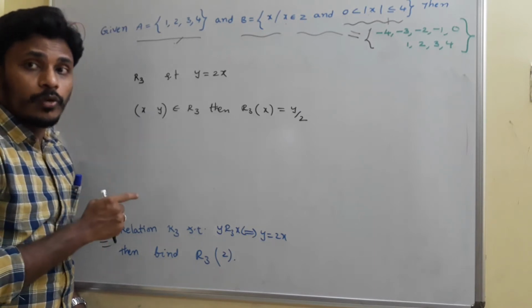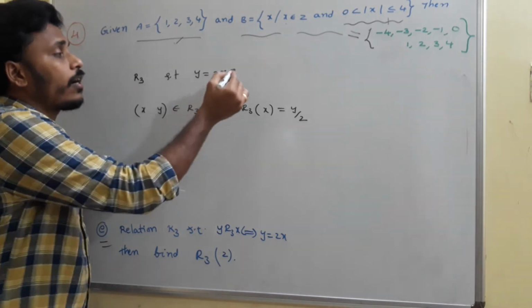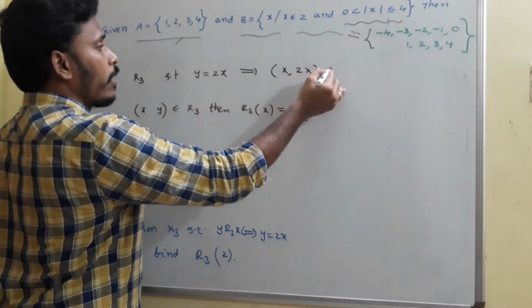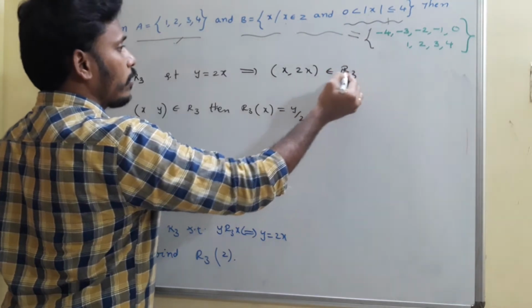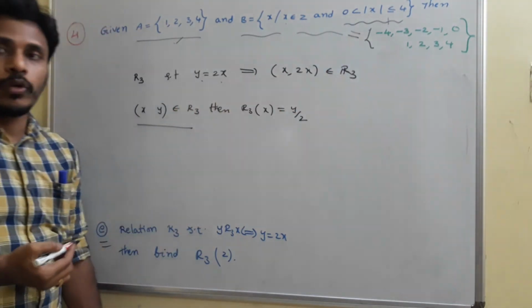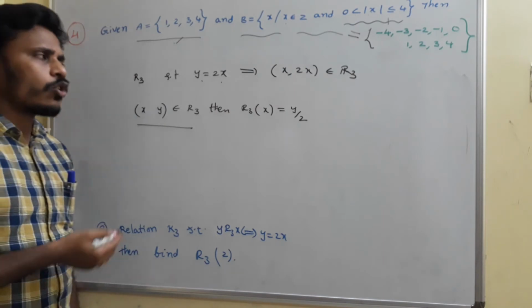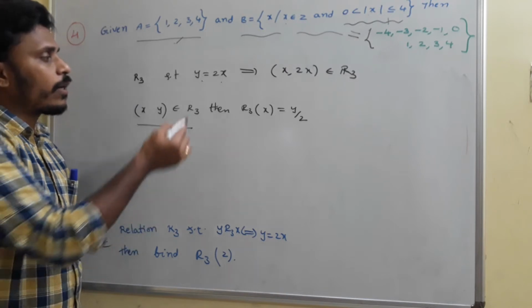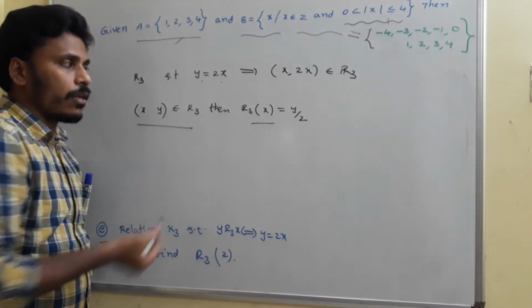The ordered pair in the relation is clearly x comma 2x belongs to the relation R3. Actually we say x comma y, but as they mentioned y is equals to 2x, right? x comma 2x. So there are different ways. Since x comma 2x and that y we represented like R3 of x also.